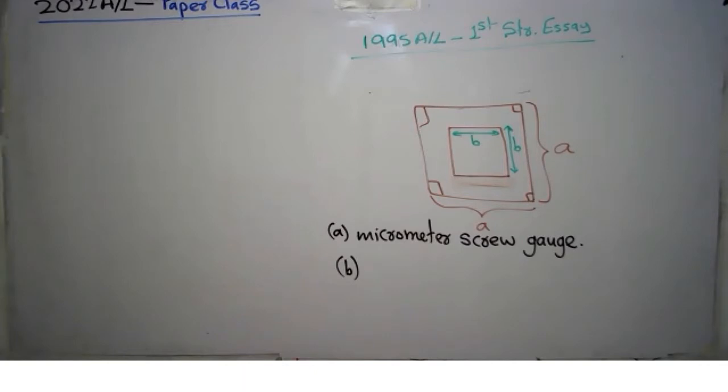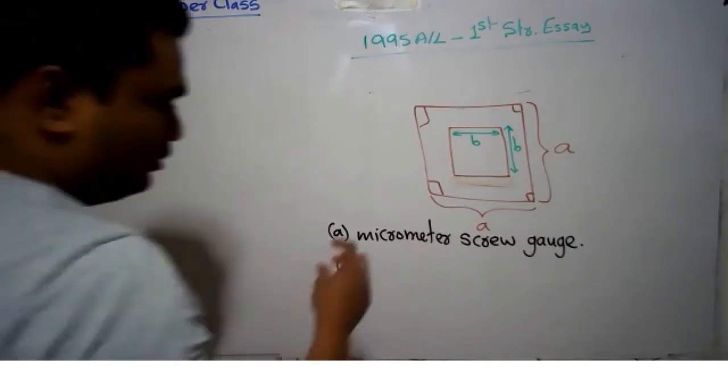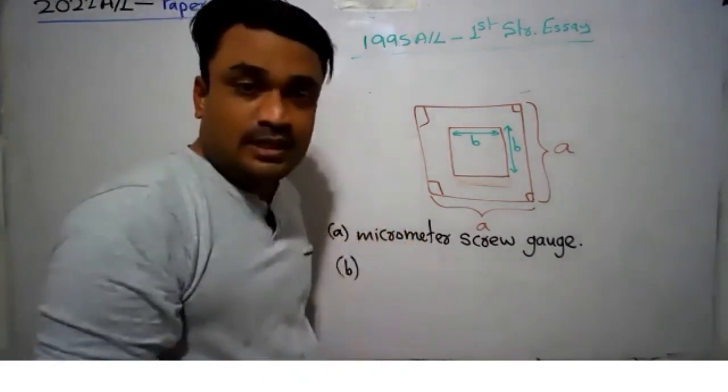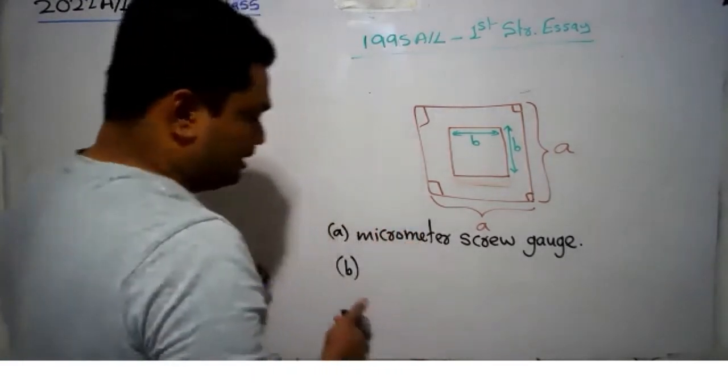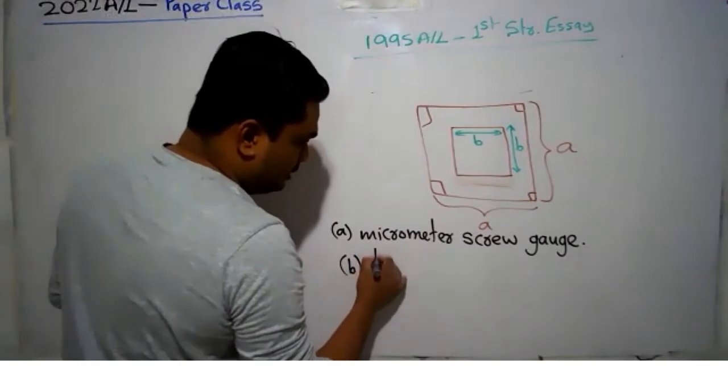An important check has to be made before taking a measurement using the above instrument. What is it? We should check whether the instrument has a zero error.